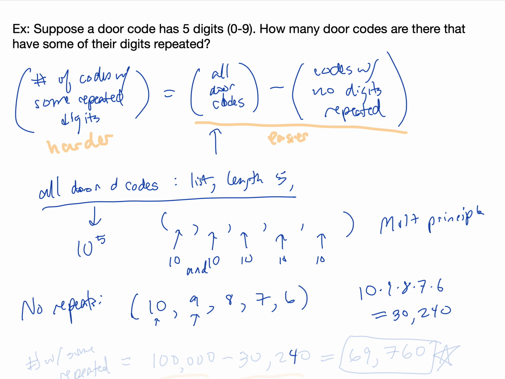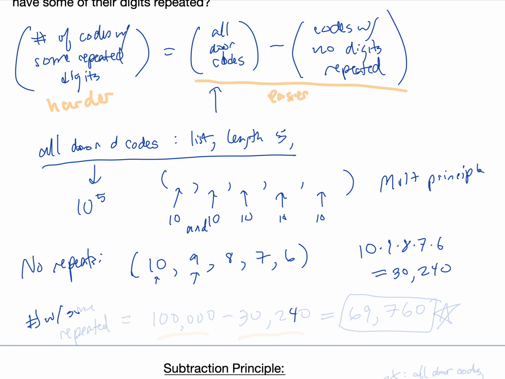That tells us that what we actually want, the number with some repeated, is equal to the total, 10 to the fifth or 100,000, minus the number with none repeated, 30,240. When we subtract, we get 69,760. So this is what we actually want.